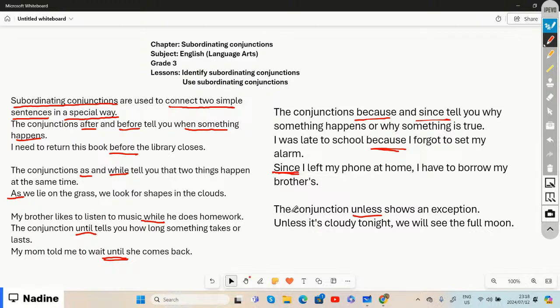And remember, when it comes to two simple sentences, it means two individual sentences that can stand on their own.